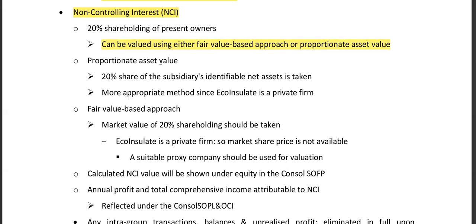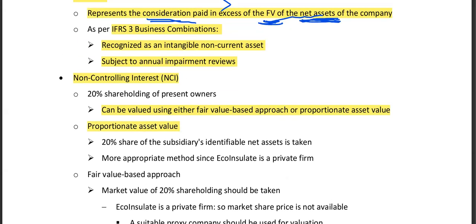If you opt for the first method, the proportionate asset value method, then it's very straightforward. We will be calculating the net assets of the company for goodwill calculation purposes, and we will convert it to its fair value. And 80% will be the net assets that belong to us.